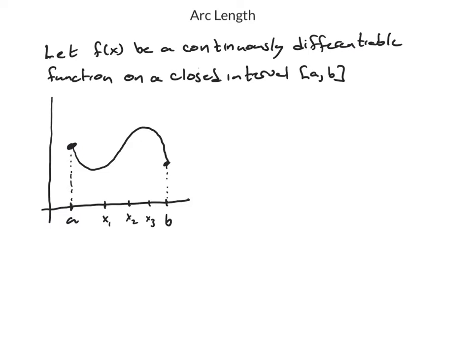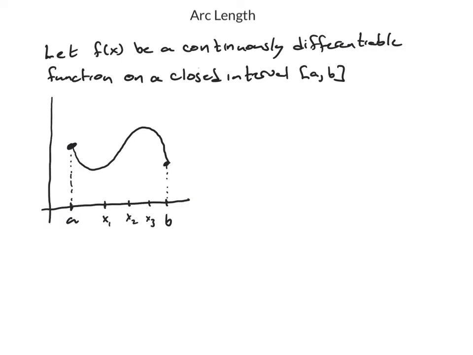Instead, what I'm going to do is partition my interval. So you already see I have the x1, x2, and x3 there. I'm just partitioning it. It's not necessarily a regular partition where all the delta x's are the same, but it is a partition.